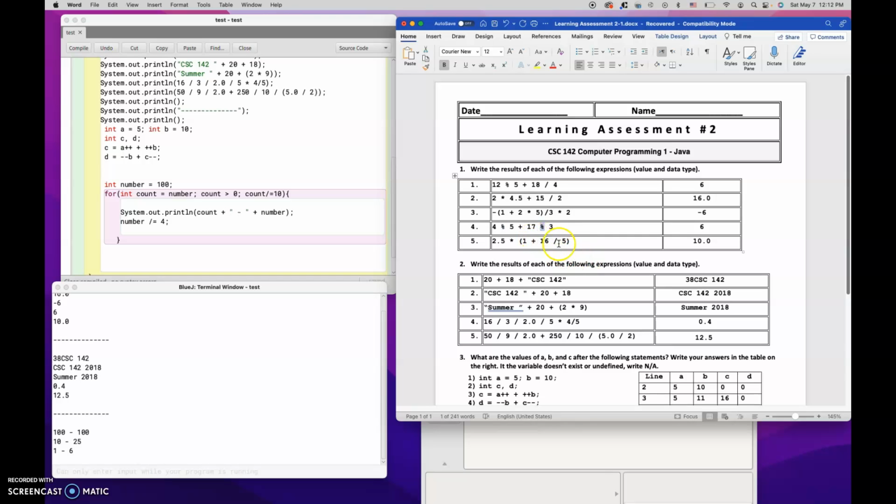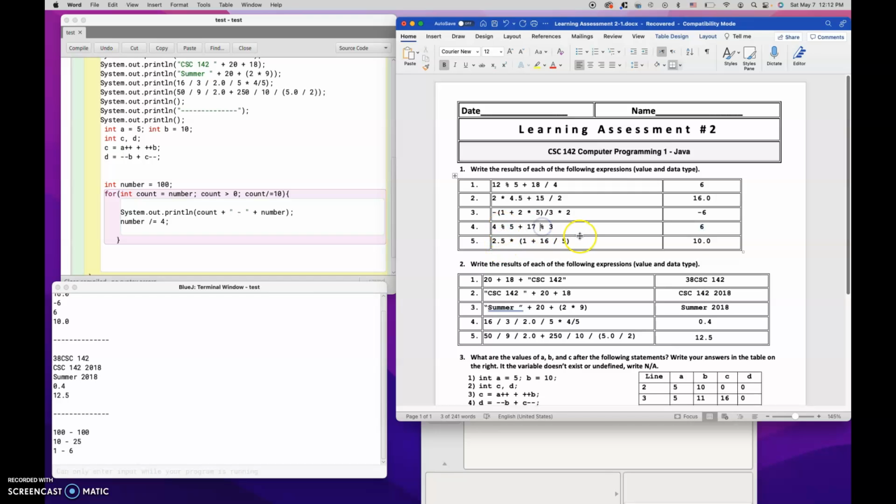which comes second. So we're gonna do 4 mod 5, and then we're gonna do 17 mod 3, and then we're gonna do the addition between the result of these two mods. Okay, which comes to 6.